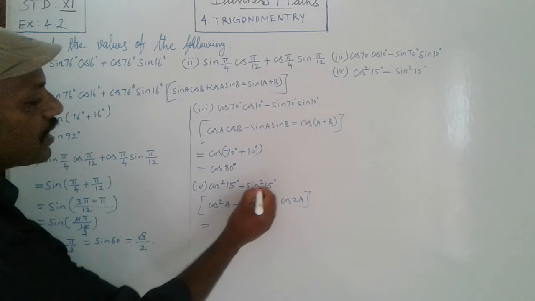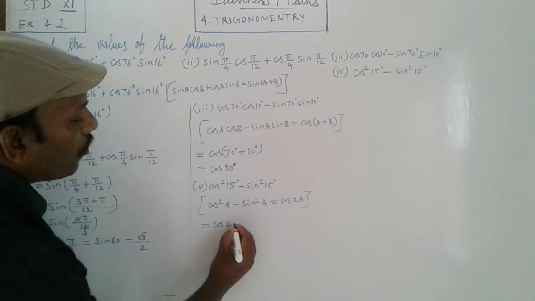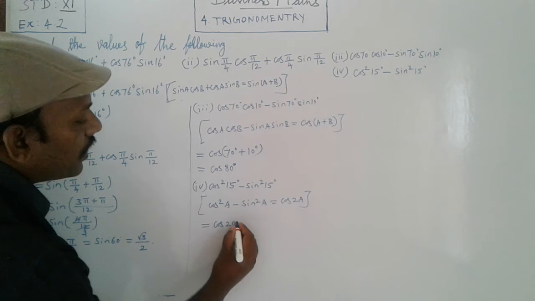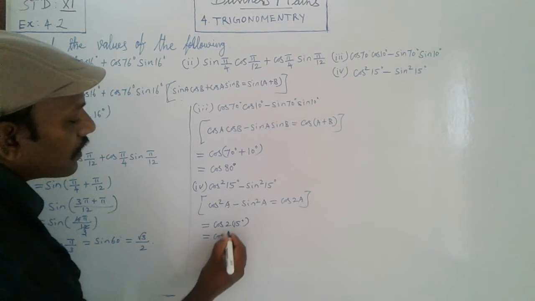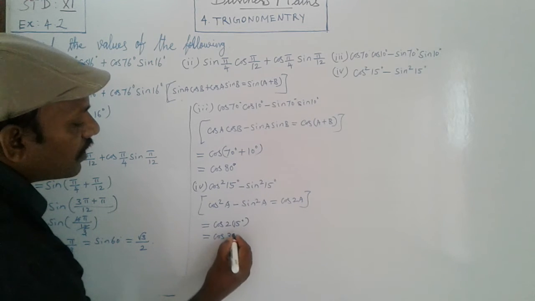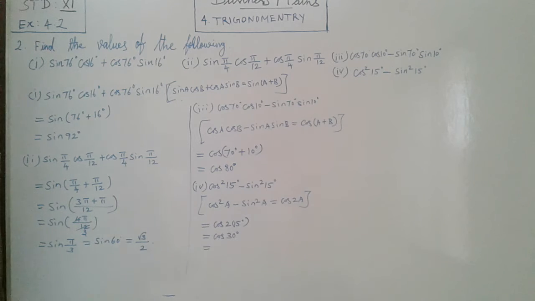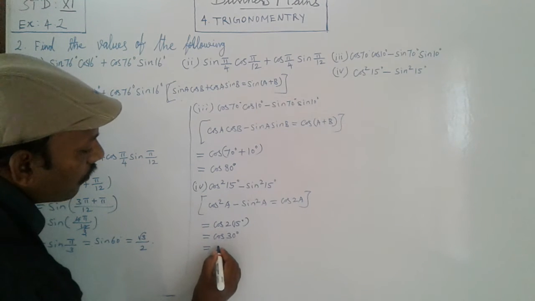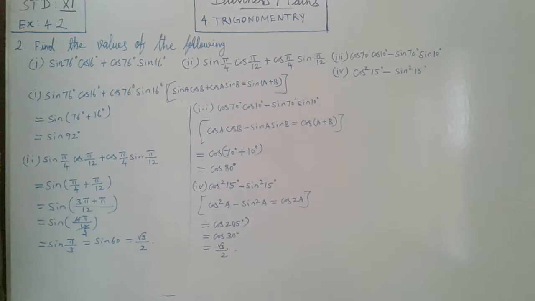Cos square 15 degree minus sin square 15 degree is cos 2 into 15 degree. That is equal to cos 2 15s are 30 degree. Cos 30 degree value is root 3 divided by 2. That's all.